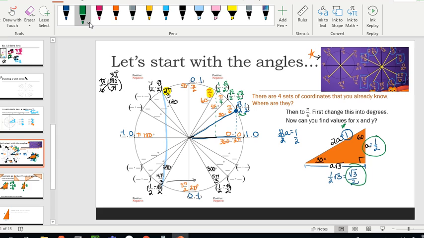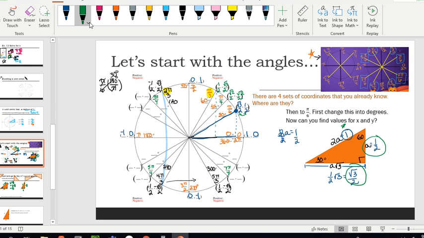Okay, so this one's 2 pi over 3. This one's pi over 4, 2 pi over 4, 3 pi over 4, 4 pi over 4, 5 pi over 4, 6 pi over 4, 7 pi over 4.